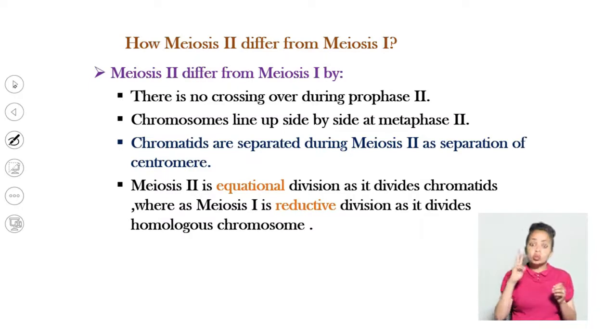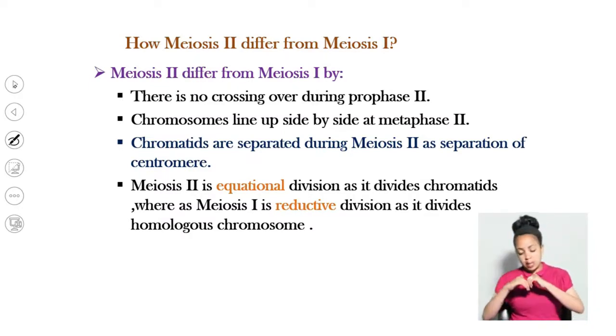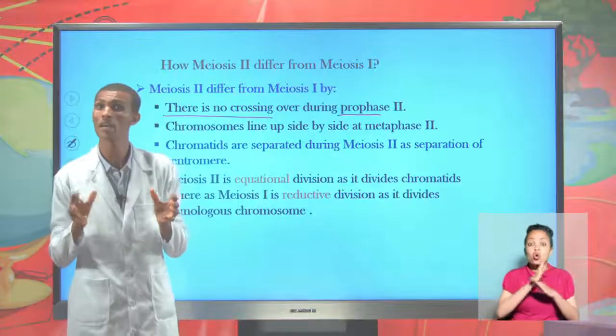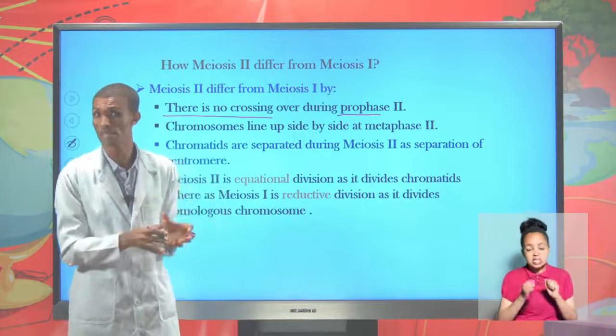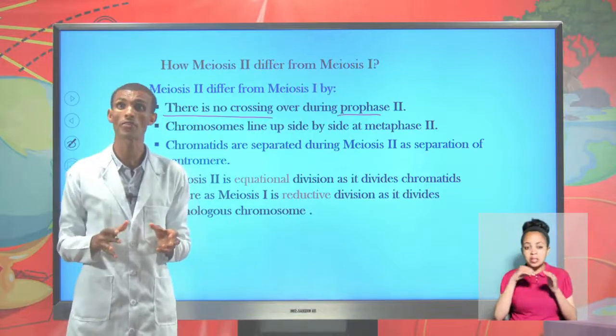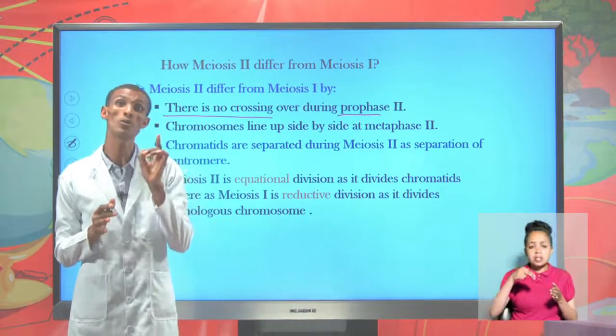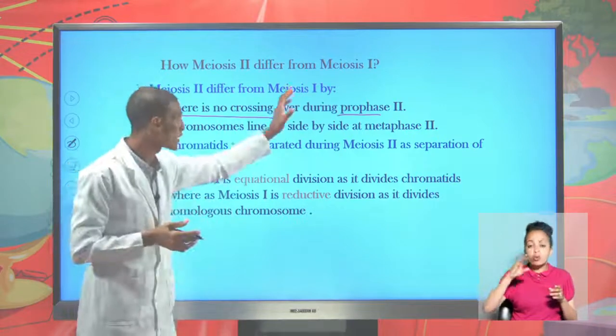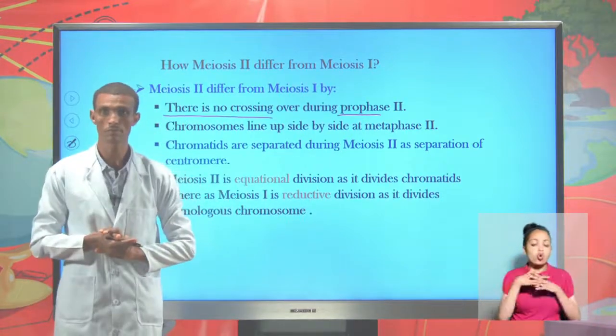Meiosis II can be differentiated from meiosis I by the following main activities. There is no crossover during prophase II. Crossover, where homologous pairs exchange chromosomal segments at chiasmata points, takes place only during prophase I of meiosis I. No crossover during prophase II.